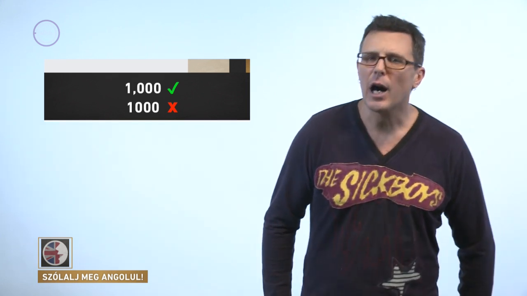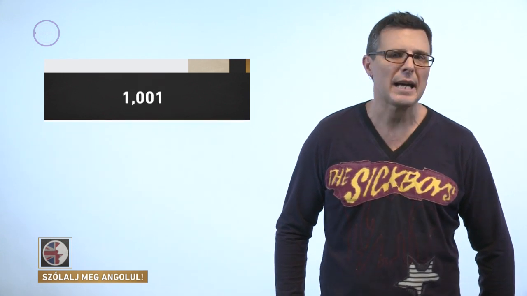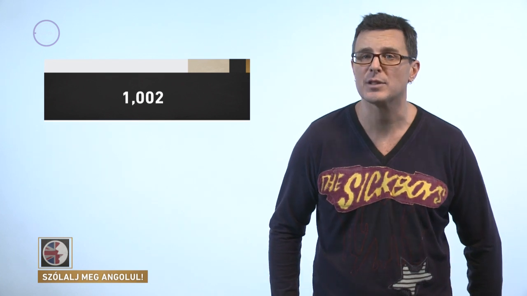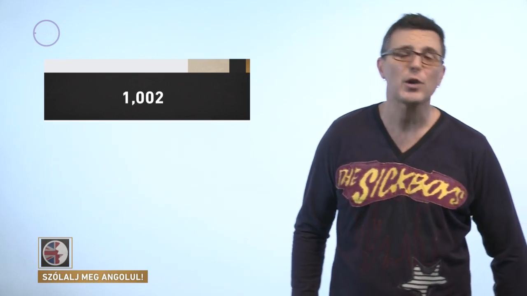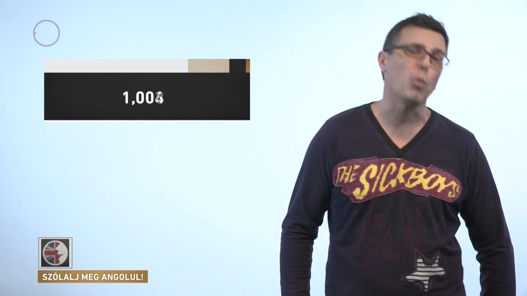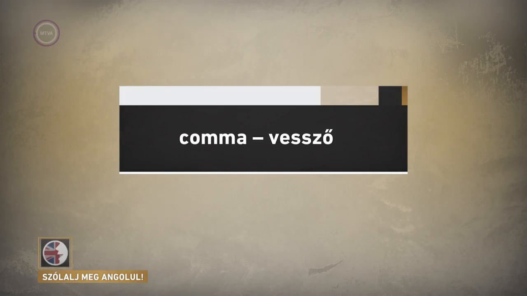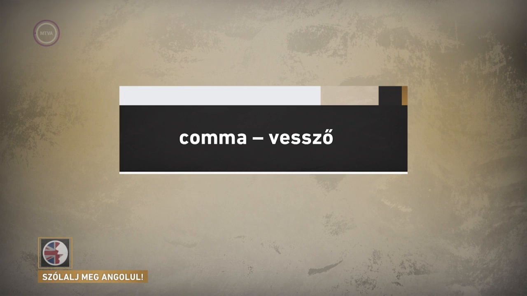So the number after 1000 is 1001, and the number after that is 1002. Then we get 1003, then 1004, then 1005, etc., etc. So when we write numbers above 1000, then we always have to put a comma after the 1.